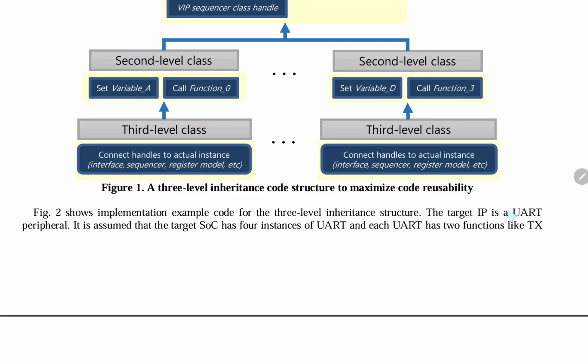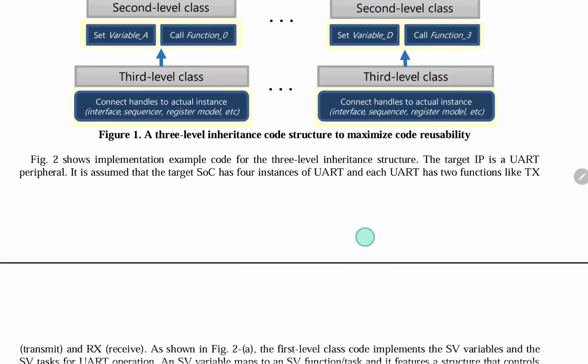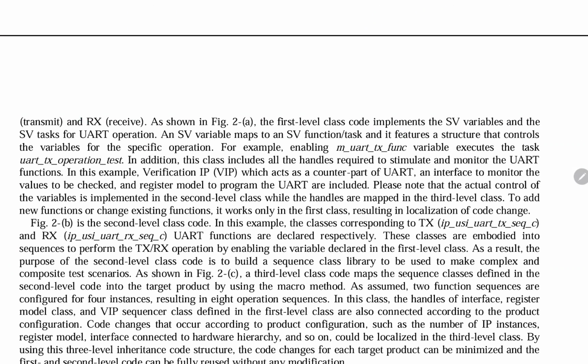The target IP is a UART buffer. Let's assume that a target SoC has 4 instances of UART, and each UART has functions like TX, the transmission, and RX, the receive. As shown in Figure 2-A, the first level class code implemented the SV variables and the SV tasks for UART operation.